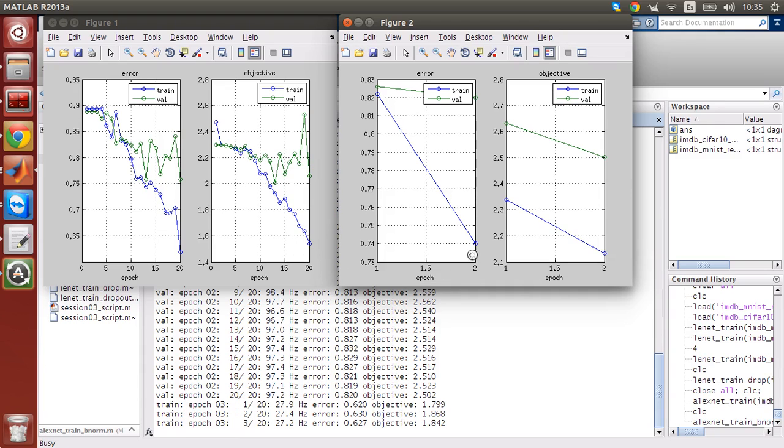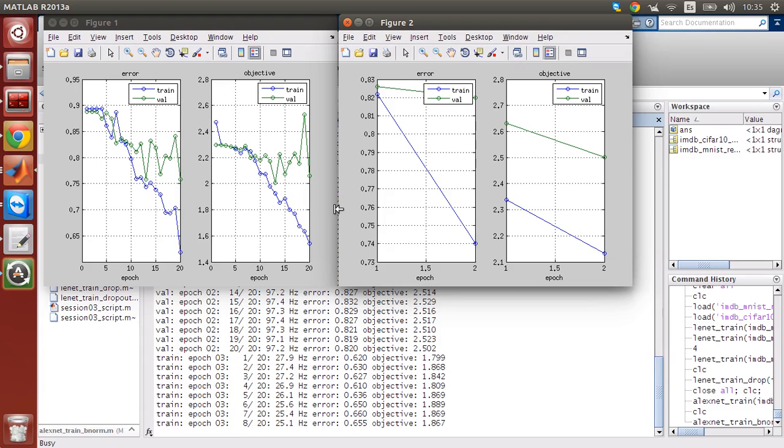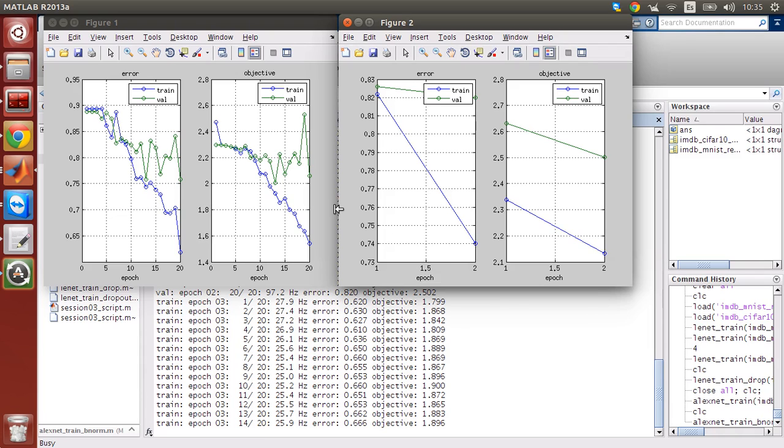Batch normalization is learning the momentums, so it's learning the statistics for the average and the covariance of each of the channels. At the beginning, using batch normalization is going to produce a lot of ups and downs until it starts learning a proper mu and sigma.